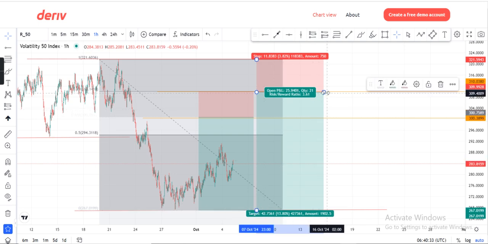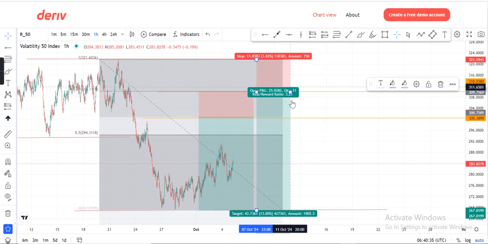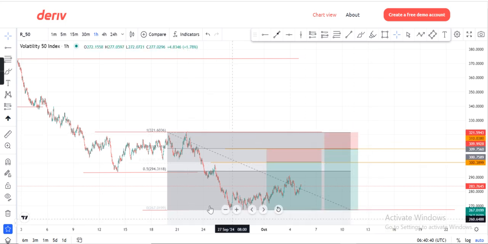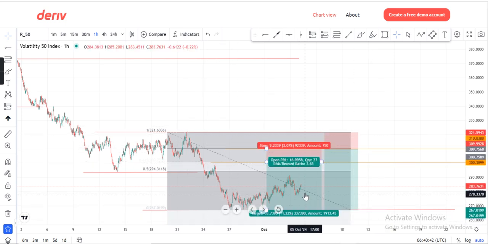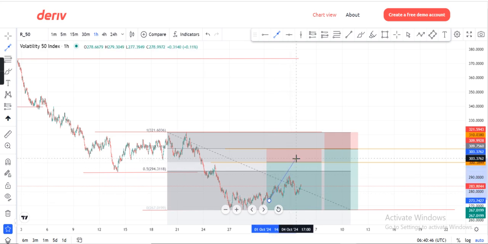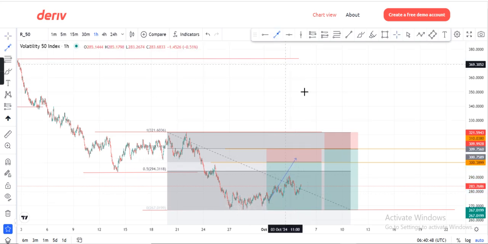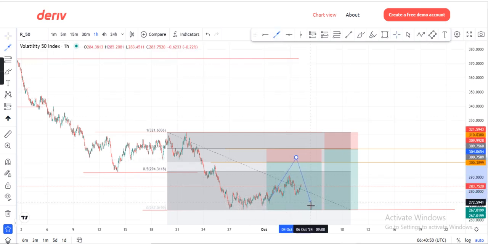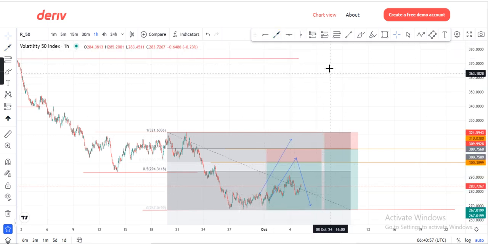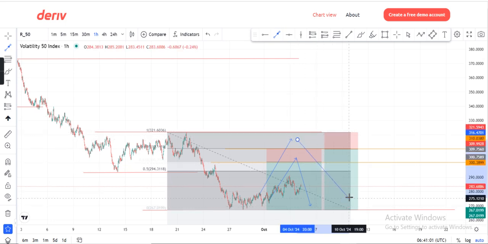Why? Because we've confirmed that the market is actually giving us a downward structure. So we'll be looking out for market to get into this area and drop, or for it to get into this area and give us a drop.